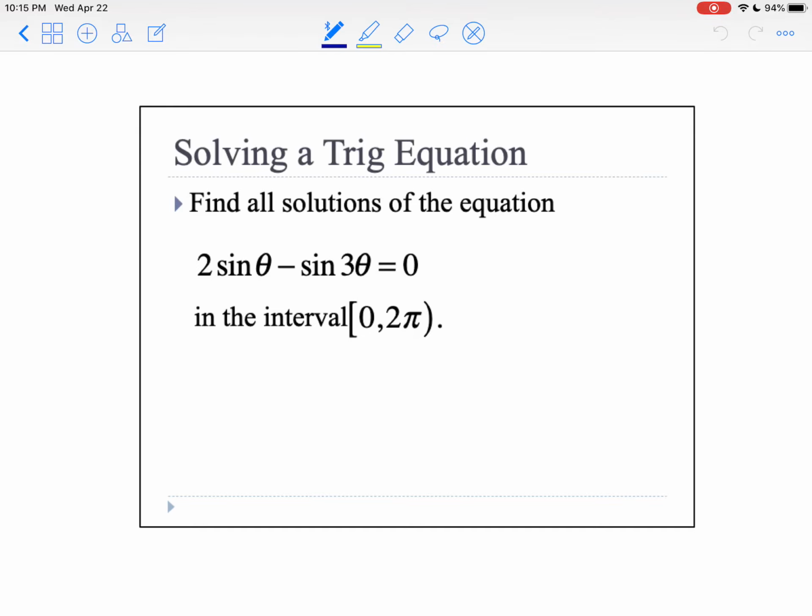We're going to solve this trig equation. Now, this is telling us to find all of the solutions. Remember that sine, cosine, all of these functions are cyclic functions, meaning that the y values repeat over set intervals.